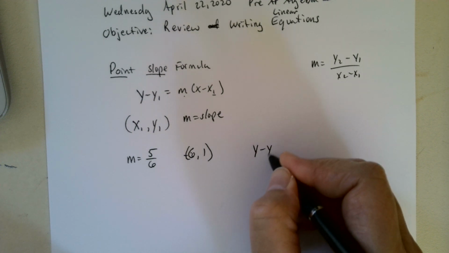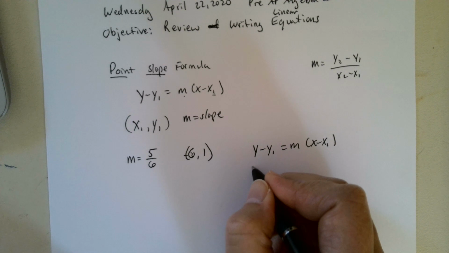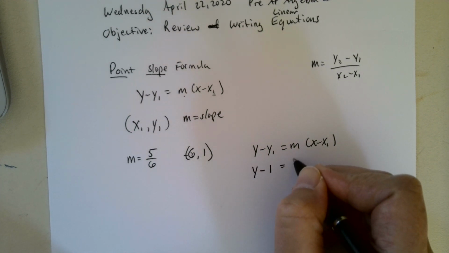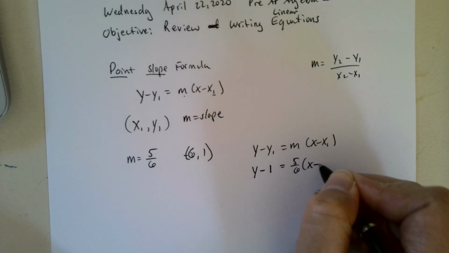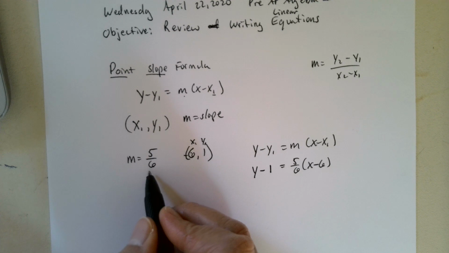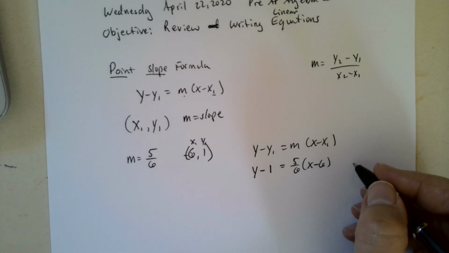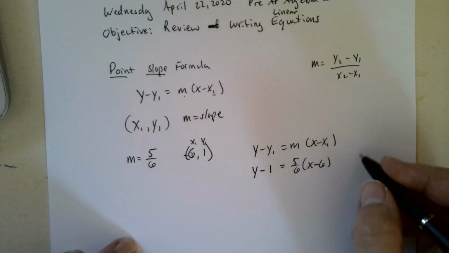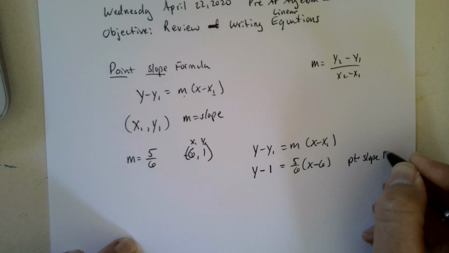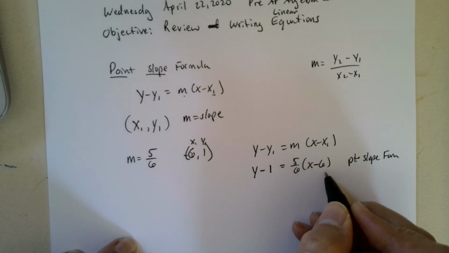I'm going to take the point-slope formula and substitute in, and this would be y minus 1 equals 5/6 times x minus 6. This is x sub 1, this is y sub 1, and we have our slope of 5/6. If you leave it like this, this is called point-slope form. If you're in calculus, I let you do that, but we're not in calculus.